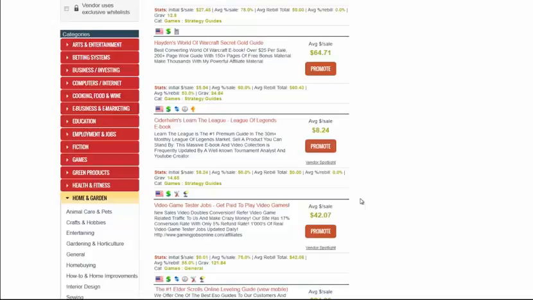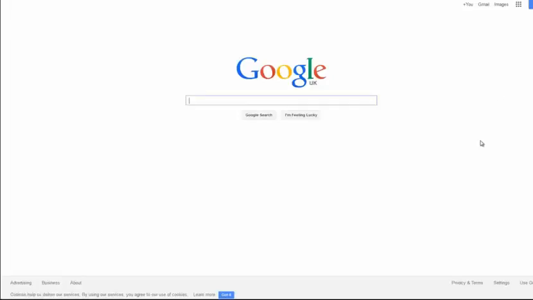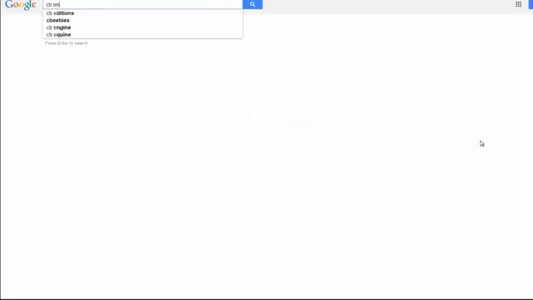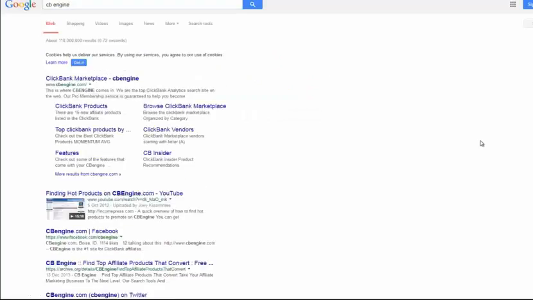Okay, so the first thing we're going to do, and right now you can follow along, is go over to something called CB Engine. Just type in CB Engine right here into Google. It's going to be the first result, and CB Engine is going to allow us to find out a little bit more information about these products than perhaps you can find on ClickBank itself.